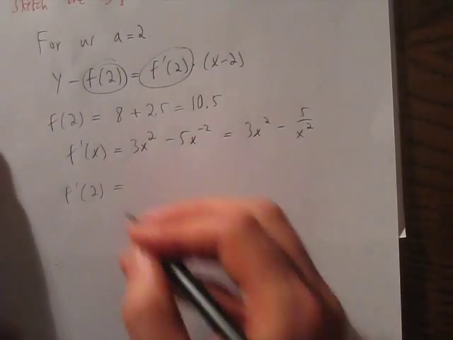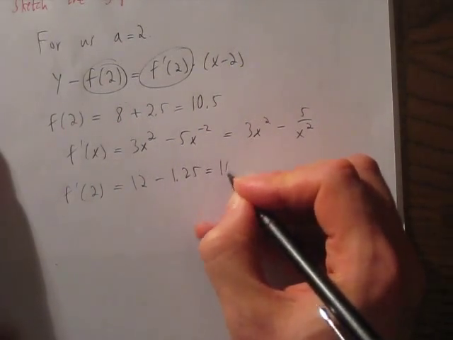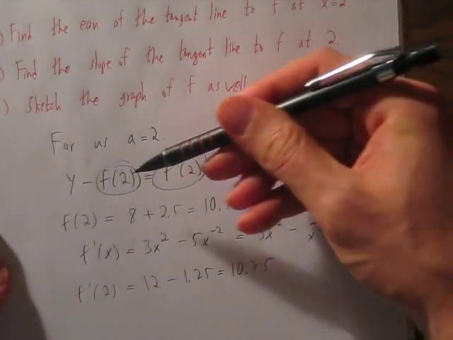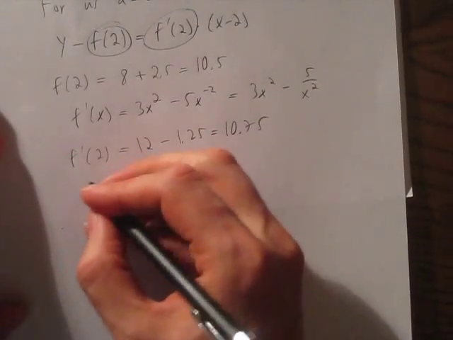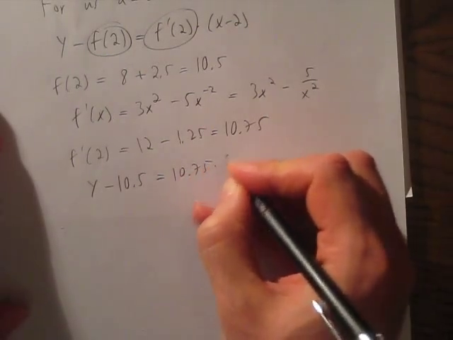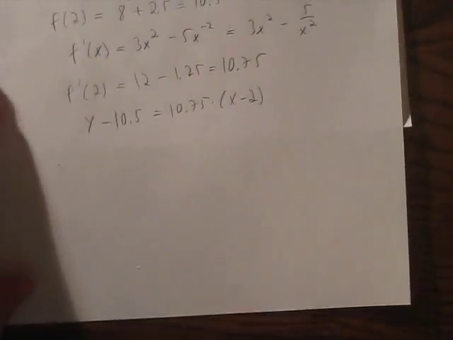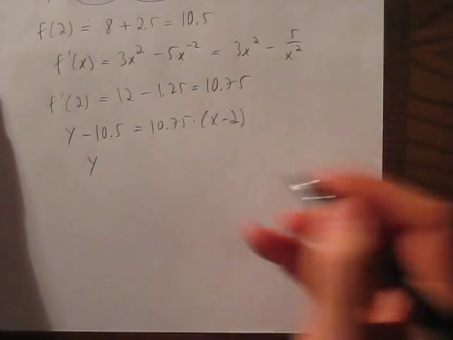So anyway, we get 12 minus 1.25, so it's 10.75. So this one is 10.5, this one is 10.75. So we get y minus 10.5 equals 10.75 times x minus 2. Now when you give your answer, ideally you move this term to the other side.